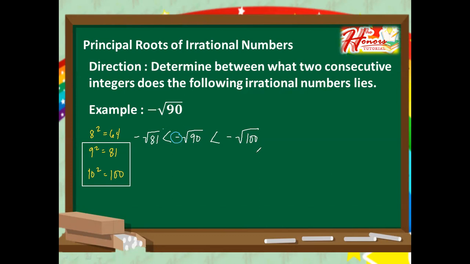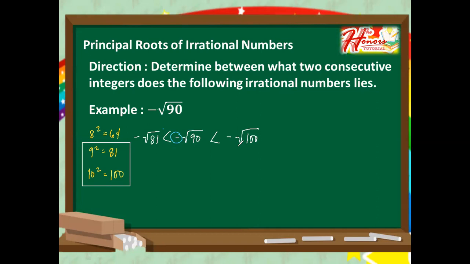Negative square root of 81 and negative square root of 100. Because when it comes to negative numbers, those numbers that are nearest to zero are the bigger numbers. But those numbers that are not close to zero are less in value.